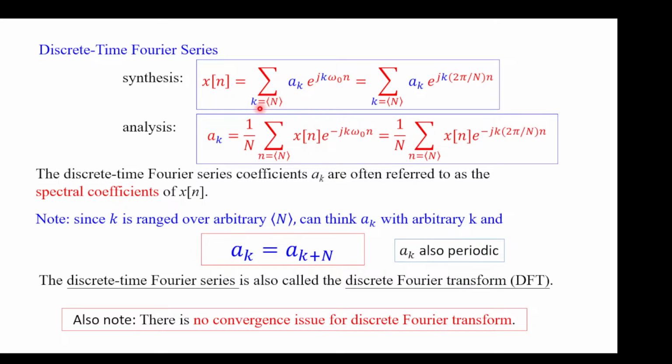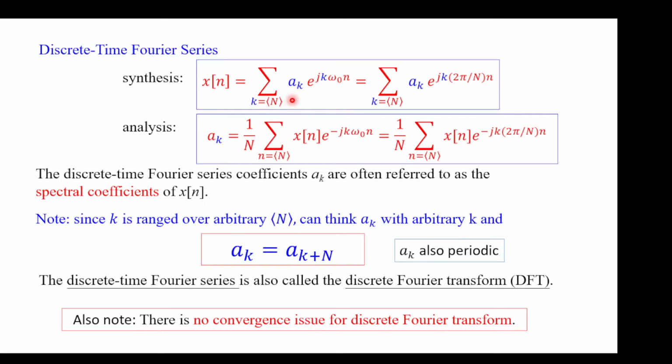Instead of just consecutive 0 to N minus 1, you can think of ak for arbitrary k, and it's a periodic signal with ak equal to ak plus big N. Because this will work out in those equations. If you have k plus big N here, this will be the same signal, and you will get the same ak back. So really ak equals ak plus big N, and ak is also a periodic signal with the same period big N. This is a really interesting result for the discrete Fourier transform.